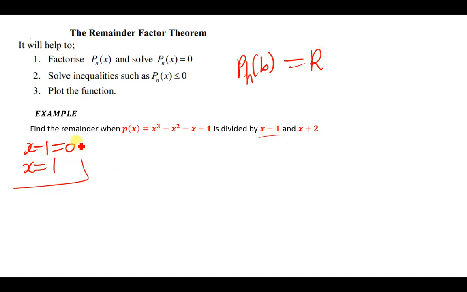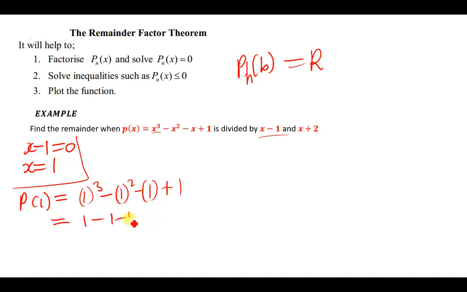Alright, so let us replace x with 1. So we find p of 1. So p of 1 will be 1 cubed minus 1 squared minus 1, then plus 1. When we simplify, we have 1 minus 1 minus 1 plus 1, which is just going to give us 0.